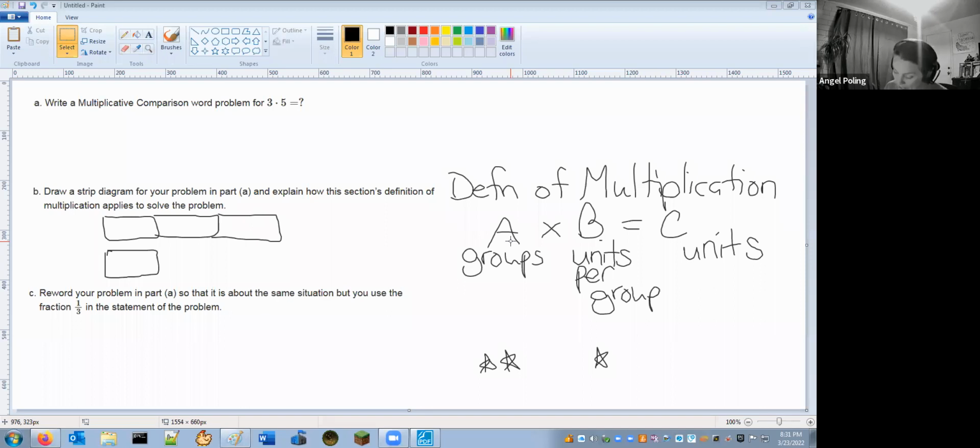If we have 5 in each of these groups. Okay, so I'm going to darken this.